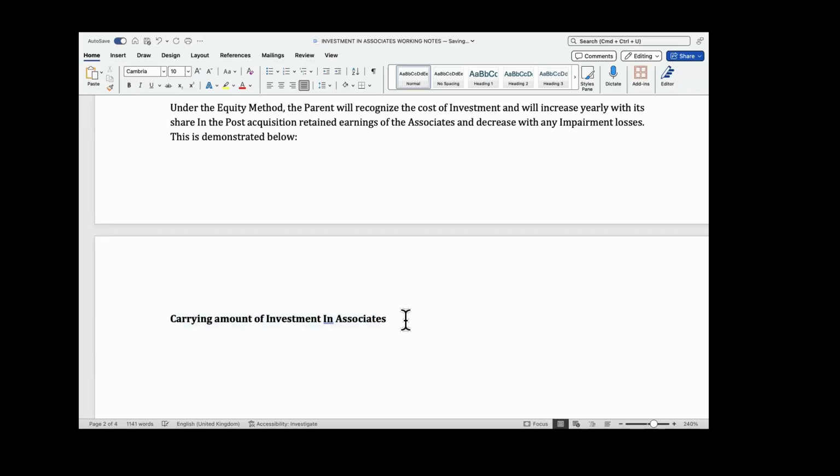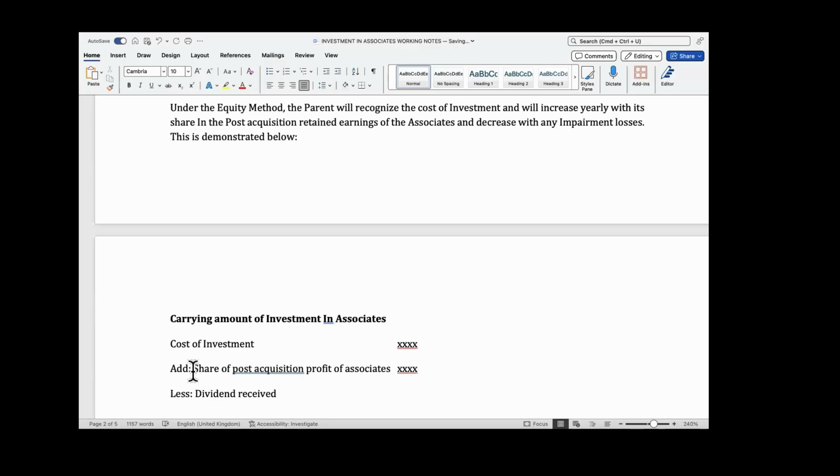So we have cost of investment, plus share of post-acquisition profits of associates, less any dividend received.